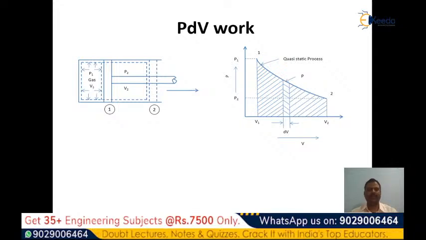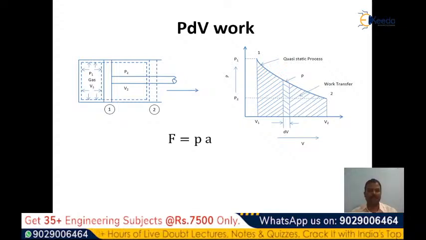Let us assume a very small, infinitesimal force applied on the piston. That force applied on the piston is given by pressure into area. So this is the pressure force that is applied on the piston when it is moving.